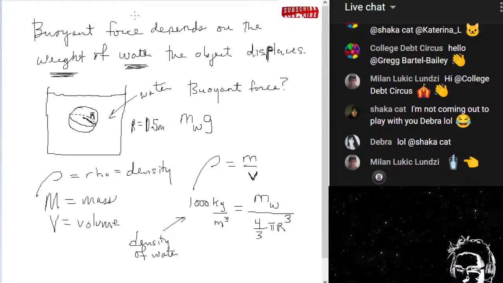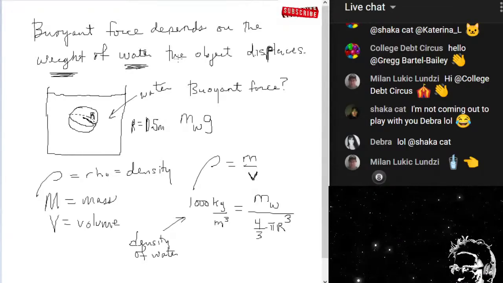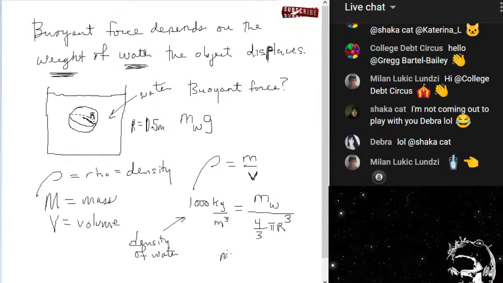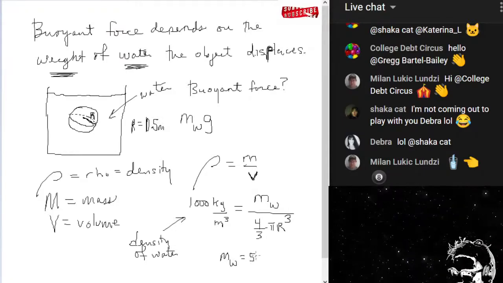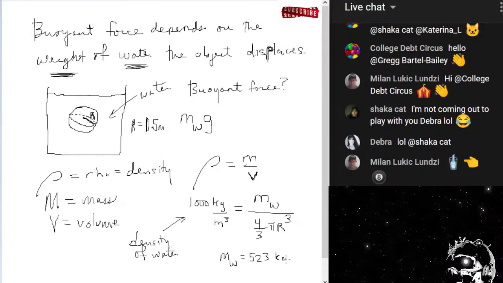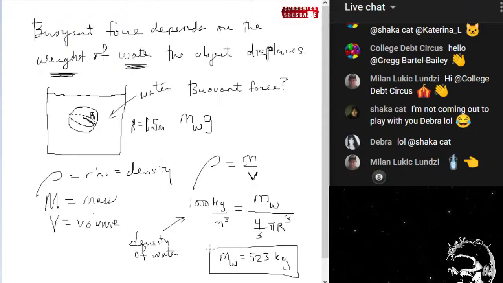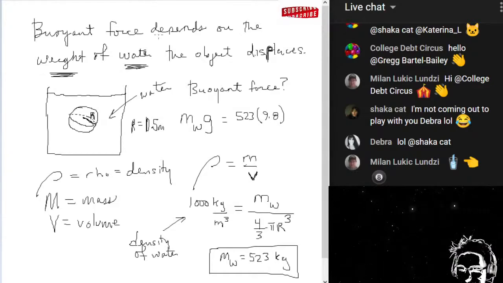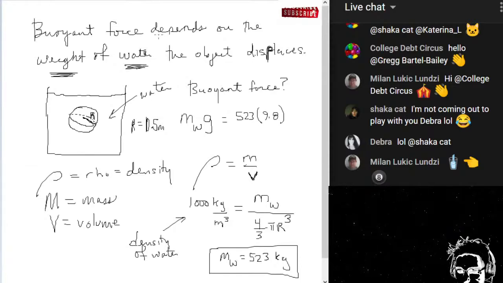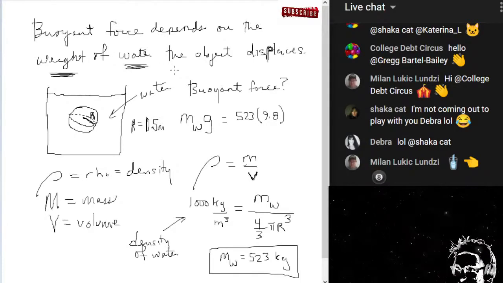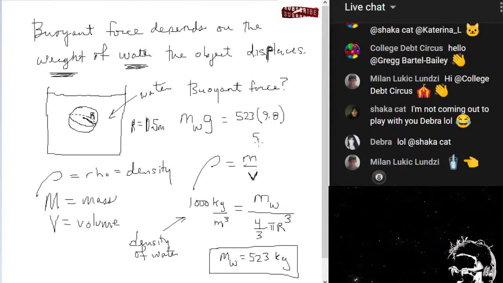Multiply that by 1,000, and we get 523 kilograms. So 523 times 9.8 is 5,125 newtons.